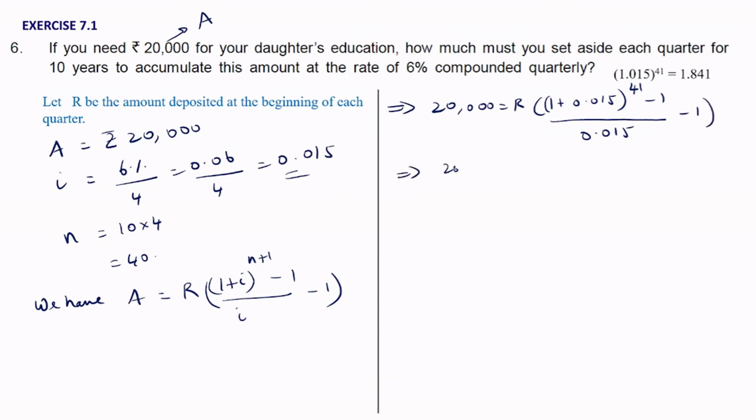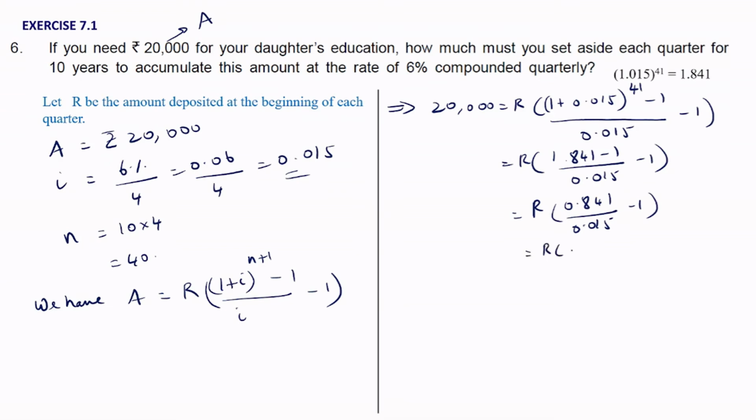So from this we get R into, here we have 1.015 the whole raised to 41, it is 1.841, minus 1 upon 0.015, minus 1. So this is 0.841 upon 0.015, minus 1.